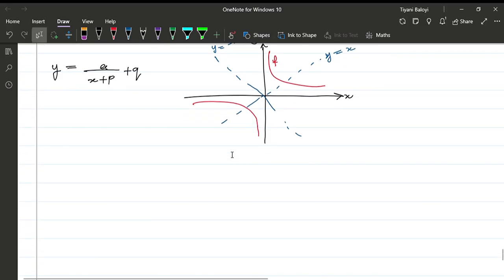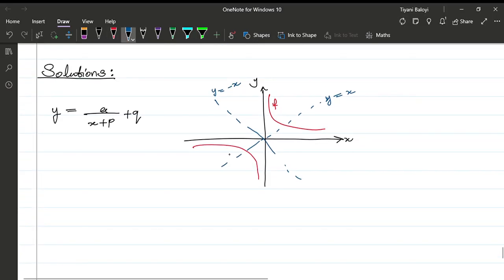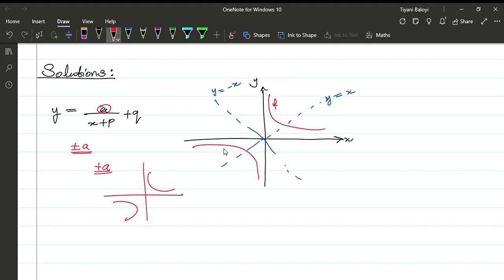Let's explain what each and every one of these values means. So a could be positive or negative. If you have a positive a, then your function looks like this. If you have a negative a, then your function looks like this, right?